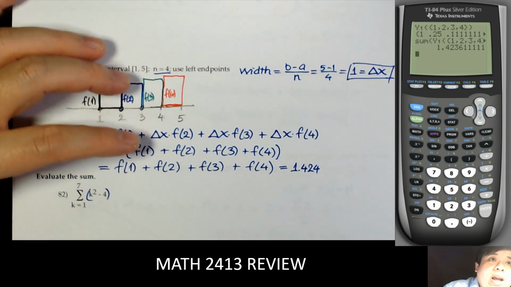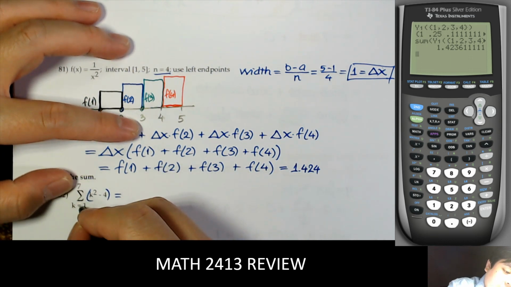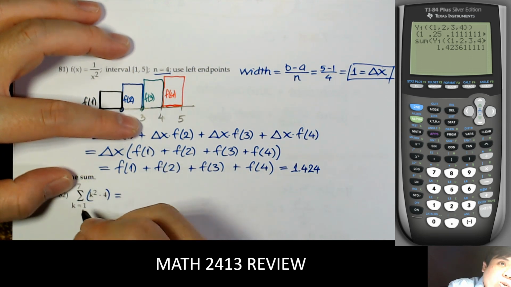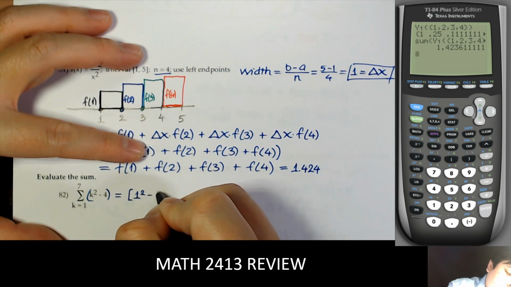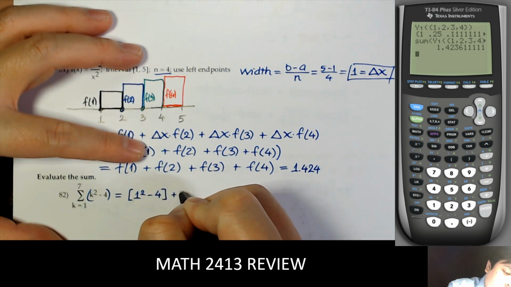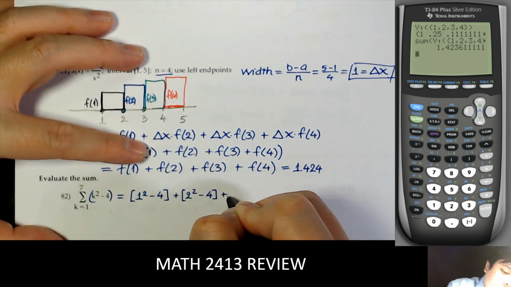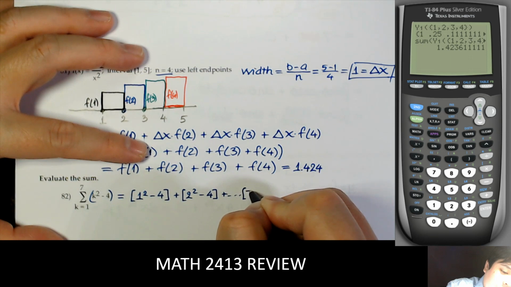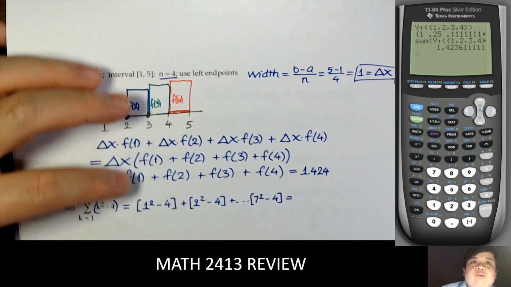This one is just a summation. If we do this by hand, we just put 1, 2, 3, and so we have 1 squared minus 4 for the first one, 2 squared minus 4 for the second one, and then 7 squared minus 4 for the last one.